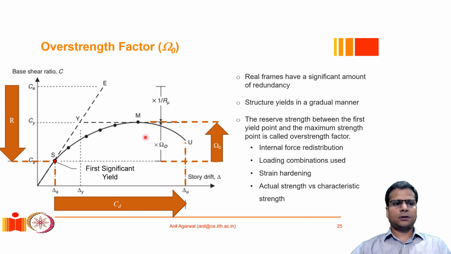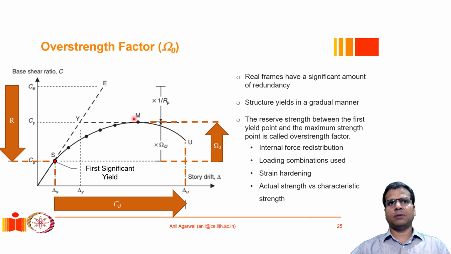There is another factor known as the overstrength factor. The overstrength factor is critical for the design of components which are meant to be force critical, or which are meant to be force demand driven. So you remember there were two types of systems. One was the DCE type of system, and the other one was the FCE type of system. So the overstrength factor becomes critical for the members which are FCE type.